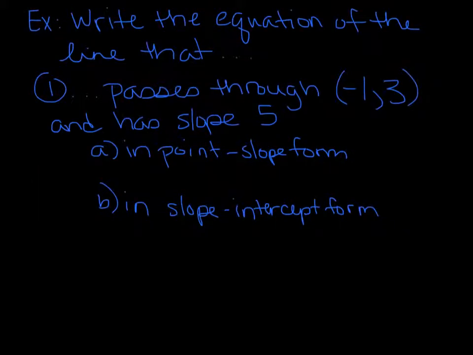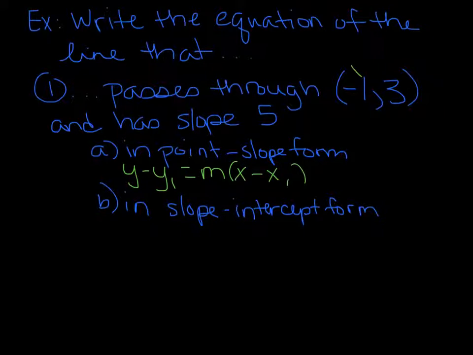So we're going to do an example that involves both point-slope form and slope-intercept form. We're going to write the equation of the line that passes through -1, 3 and has slope 5. So in point-slope form, this is actually very easy. You have the formula, but I'm going to rewrite it just for the sake of this problem.